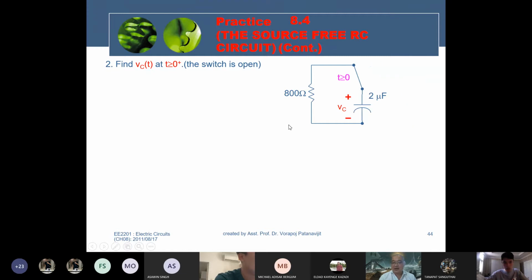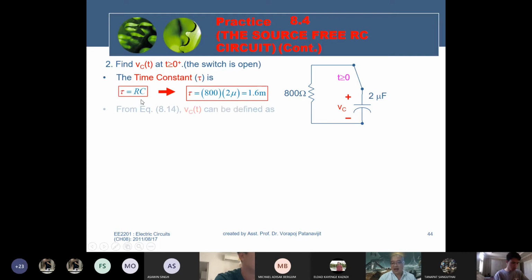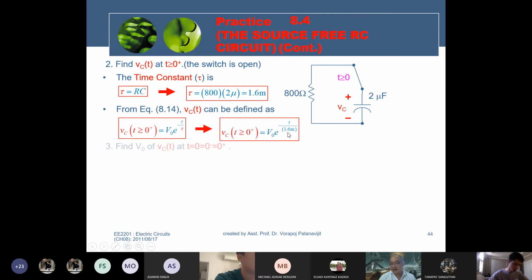If we connect here, the circuit on the right-hand side is broken and no current flows. Now you know R and you know C: the resistance is 800 ohms and the capacitor is 2 microfarad. Therefore, the time constant is 1.6 milliseconds, and VC equals V naught e to the power of minus t divided by the time constant.